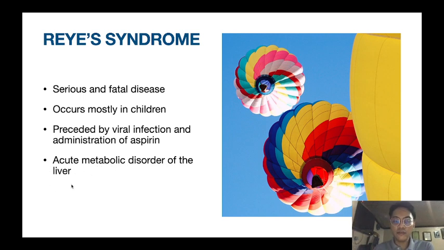'Di ba sa liver doon ginagawa ang urea from ammonia. So when there is a disorder of the liver, the ammonia will stay as ammonia and urea will not be produced. Okay? So kapag Reye's syndrome: children, viral infection, administration of aspirin, and disorder of the liver.